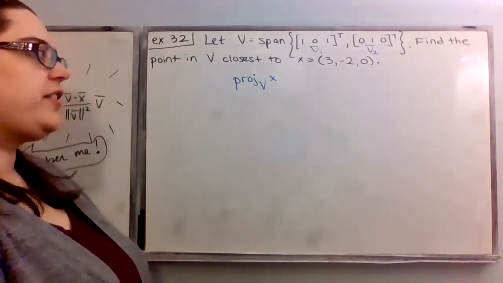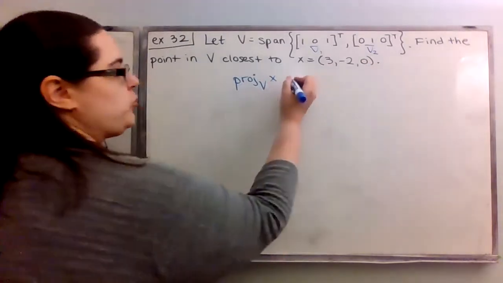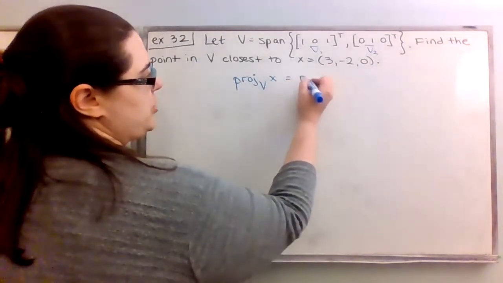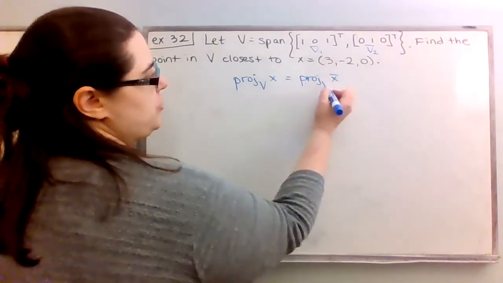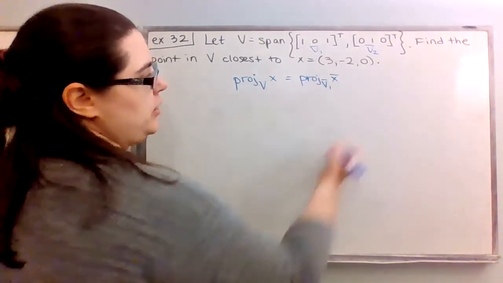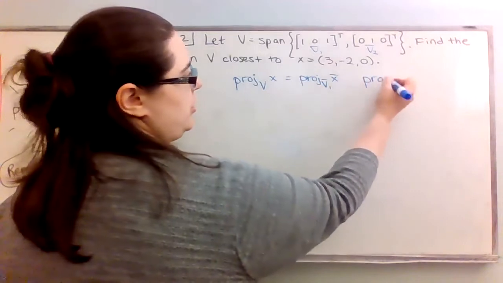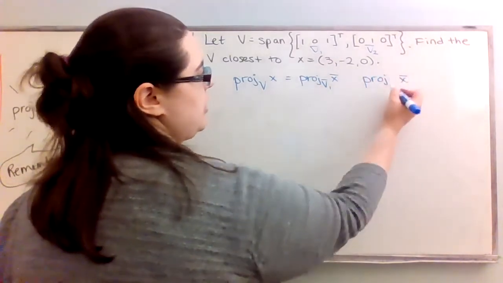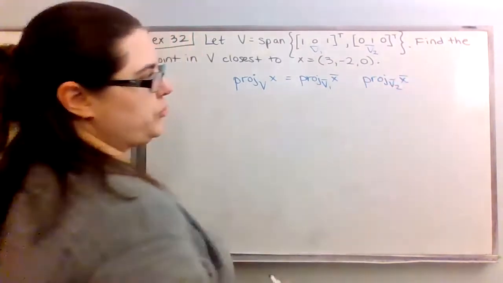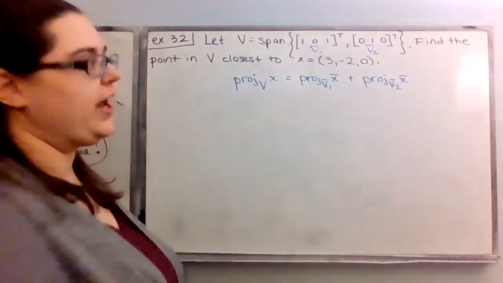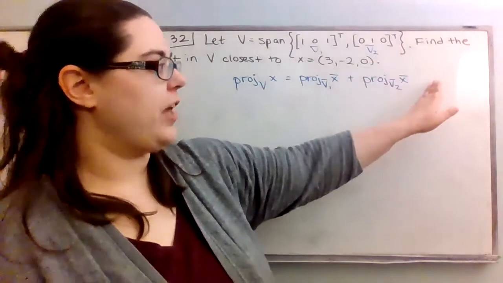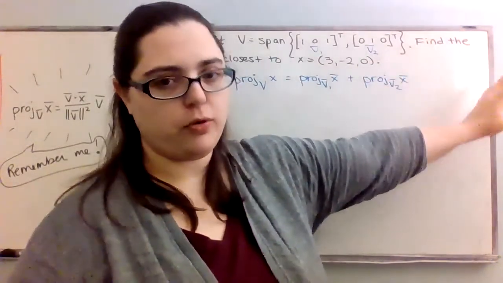In order to find this projection, I'm going to take the projection of the vector X onto the vector V1 and the projection of the vector X onto the vector V2 and add them up. And then if I had a third vector in here, I would add that third projection, and a fourth would be the fourth, and so on.